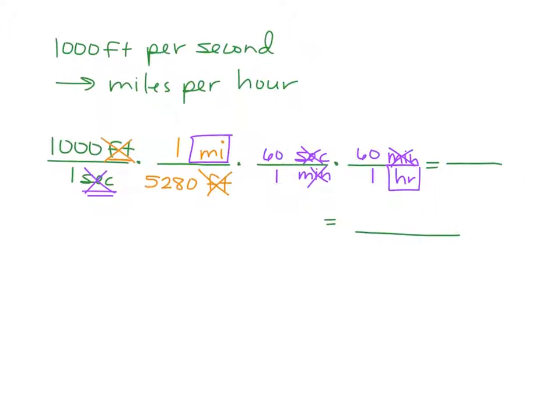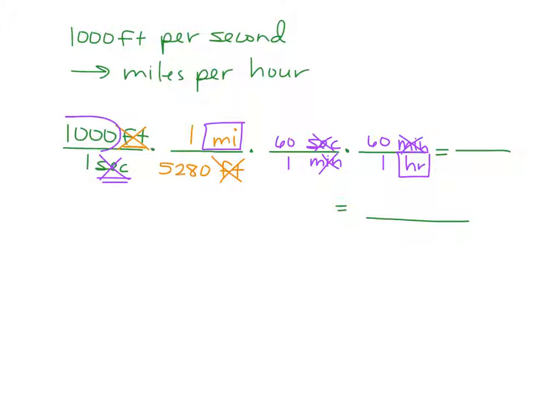So we're going to go 1,000 times 1 times 60 times 60. 1,000 times 60 times 60 is 3,600,000. Wow. Lots of zeros, right?